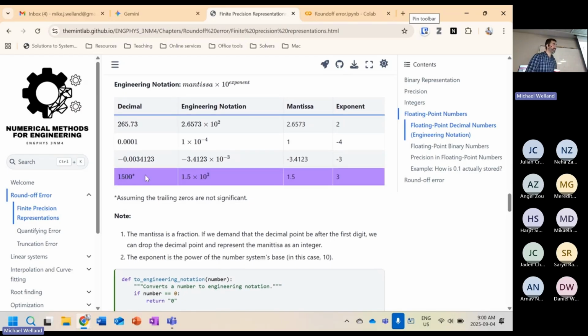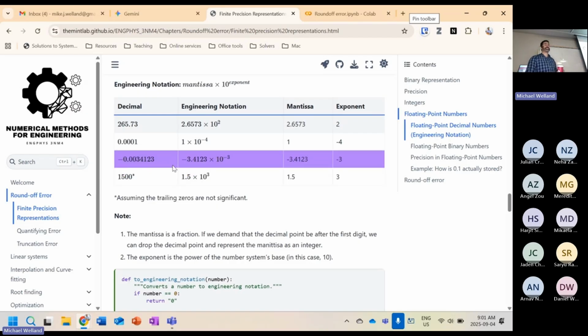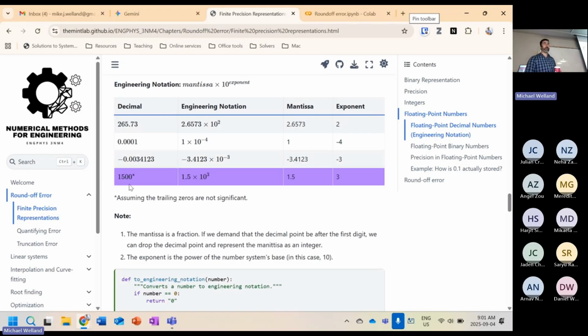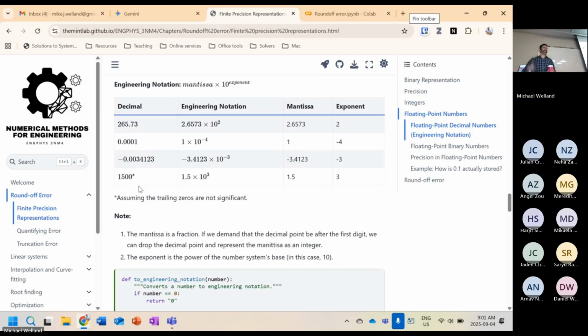There is a little trick, because 1500: how many significant digits are there in this number? Pop quiz. 2. Are you sure? Not necessarily. Normally, this is again one of those insidious things. Anybody else have another number other than 2? 4.